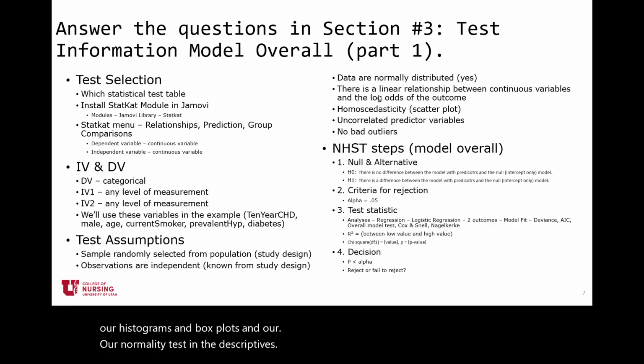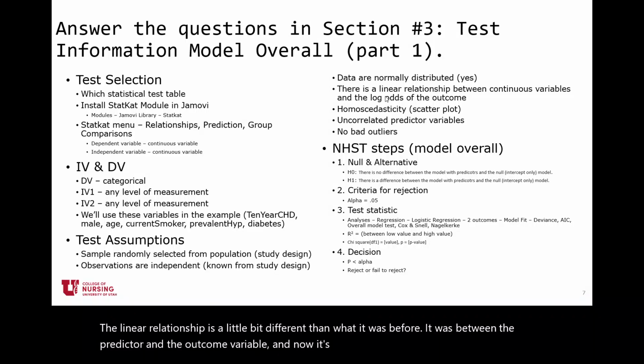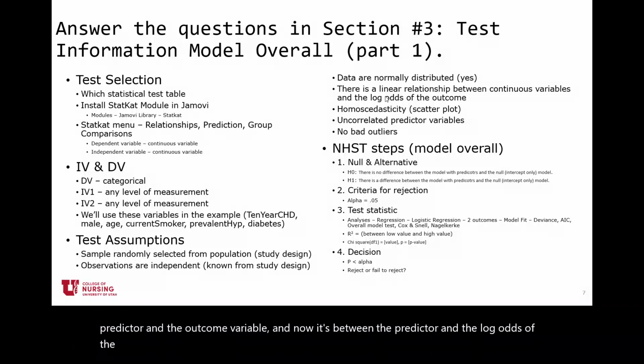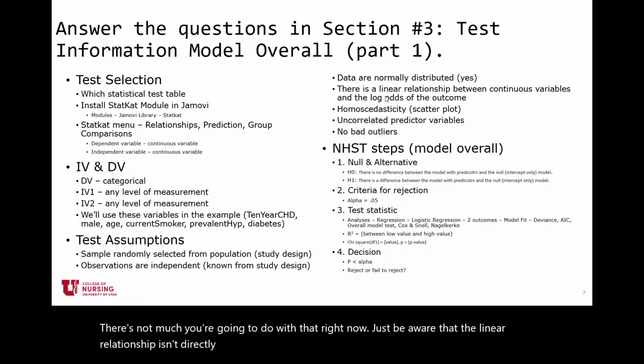There's a linear relationship, and we talked about this in the lecture. The linear relationship is a little bit different than what it was before. Before it was between the predictor and the outcome variable, and now it's between the predictor and the log odds of the outcome. There's not much you're going to do with that right now. Just be aware that the linear relationship isn't directly between the two variables.